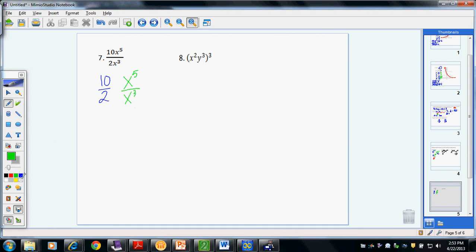So again, we all know that 10 divided by 2 is 5. And there's a rule here that states if I have x to the m over x to the n, then that's the same thing as x to the m minus n. It's kind of the opposite here.